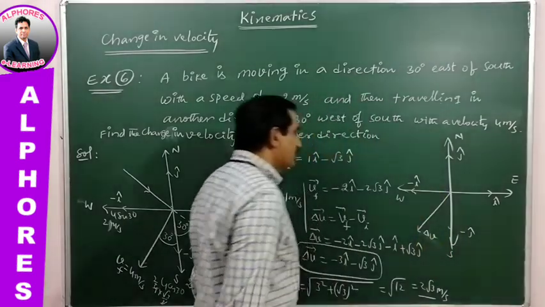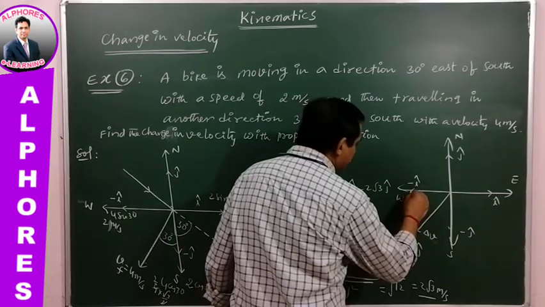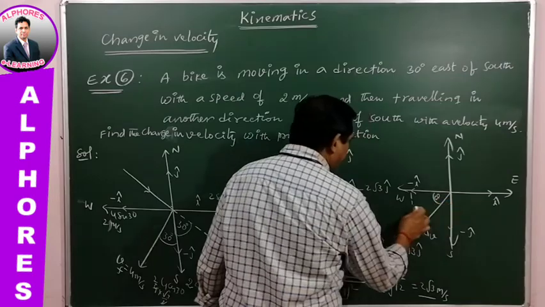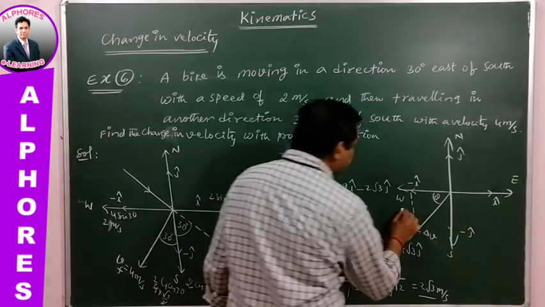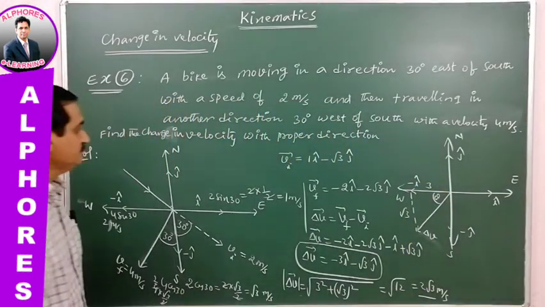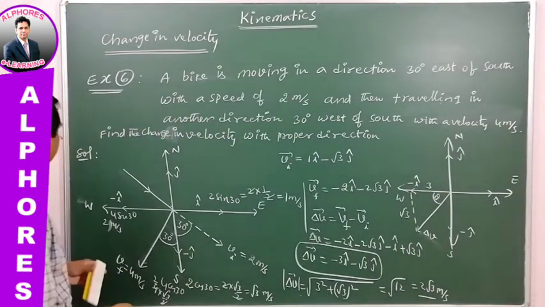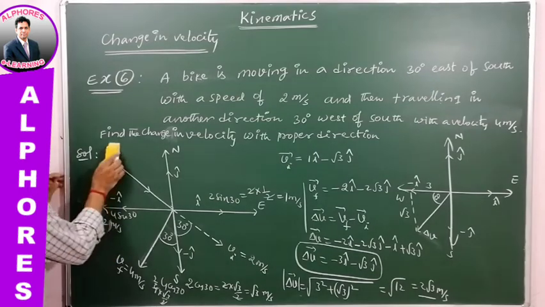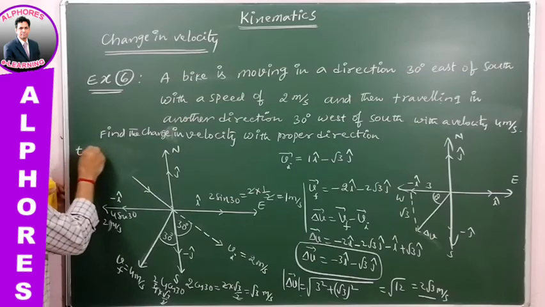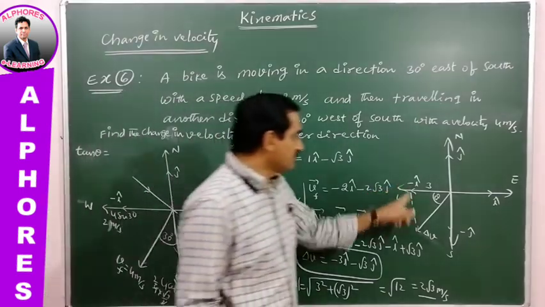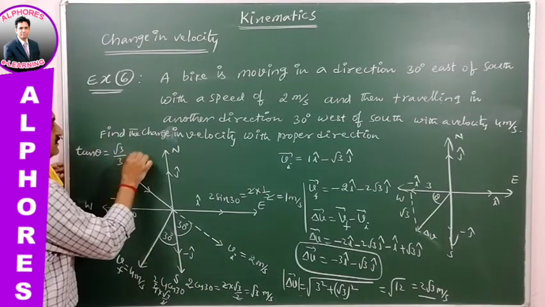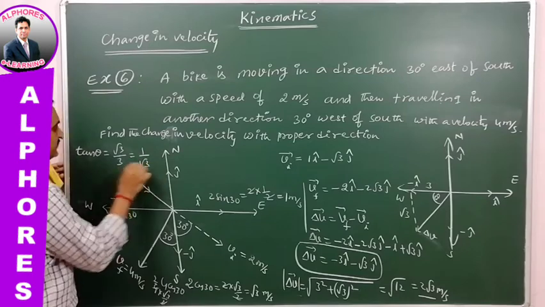Delta V, right? When we consider the angle from the x-axis, this is theta, the opposite side y component is root 3 and the x component is 3. Now tan theta equals opposite side root 3 by adjacent 3, root 3 by 3, which gives 1 by root 3.